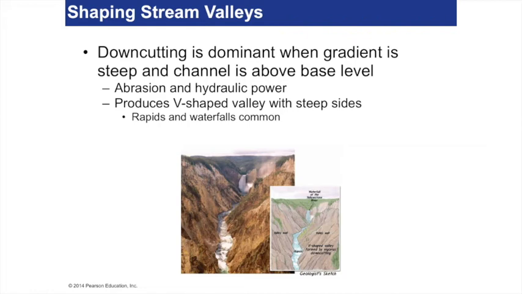You're going to have a very narrow valley, and your narrow valley is going to be like a V-shaped valley. So you can have lots of waterfalls in this. There's all kinds of rivers around here like that, where you have waterfalls or you'll have rapids. It depends on how much water is rushing and the gradient, how steep that river or stream is.